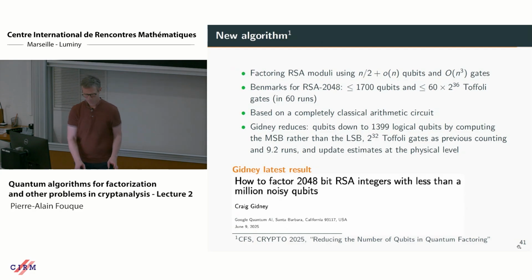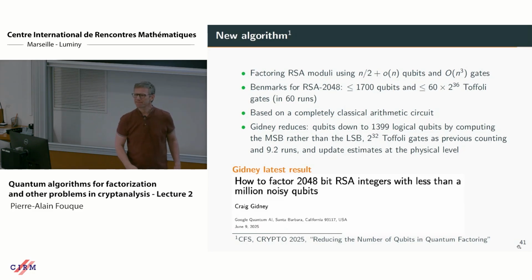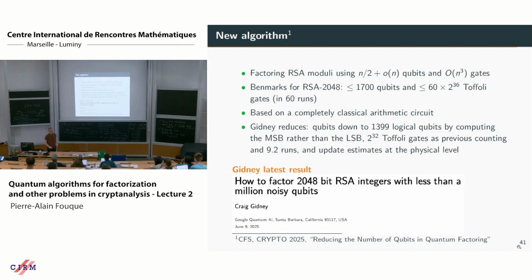Yeah? You mentioned the Kuperberg paper on the dihedral group for the hidden subgroup problem. Is there interest to extend this kind of result to other non-abelian groups? Like a proof of concept. For non-abelian groups, there is a Kuperberg algorithm that I showed before.